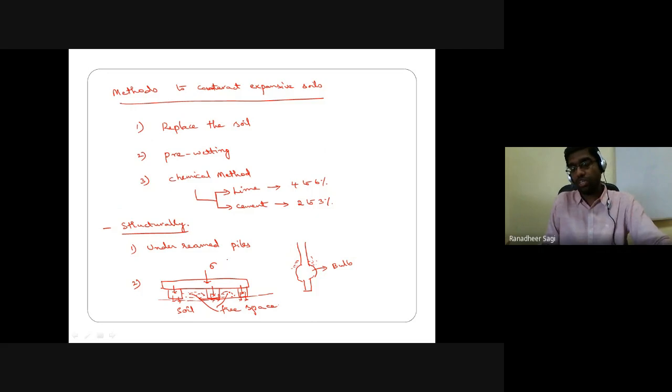If the pressure you are transferring through the foundation or the beams onto the soil is greater than the swell pressure value of that particular soil, then obviously you are not going to see any failure in that structure. So if I know the swell pressure value of that soil, and I externally apply loading through the foundation onto the soil such that the applied pressure is higher than the swell pressure of that soil, then structurally or by any means you don't see any failure in that structure because of the swelling nature of the soil.